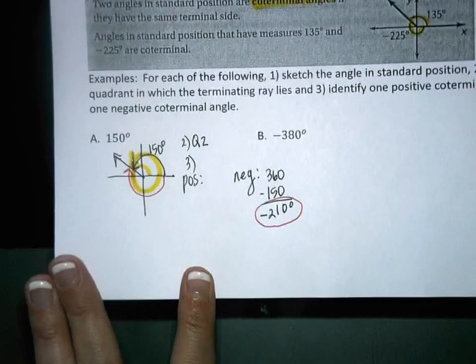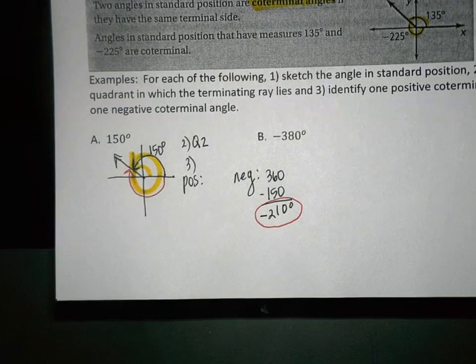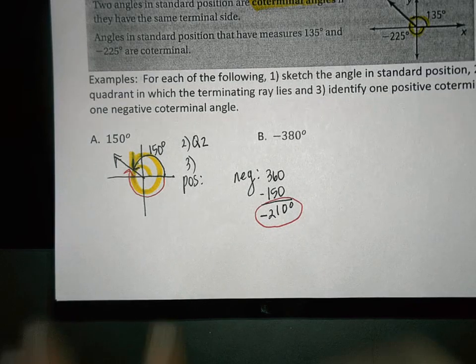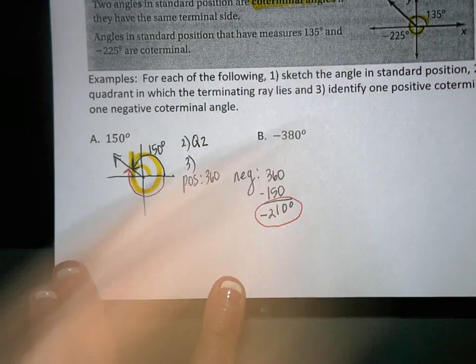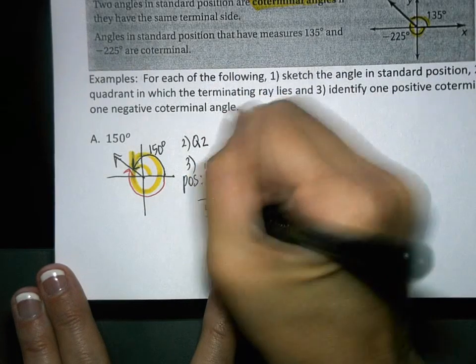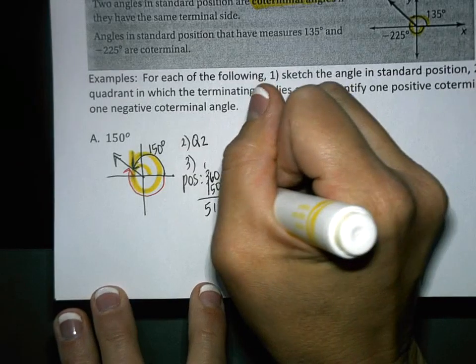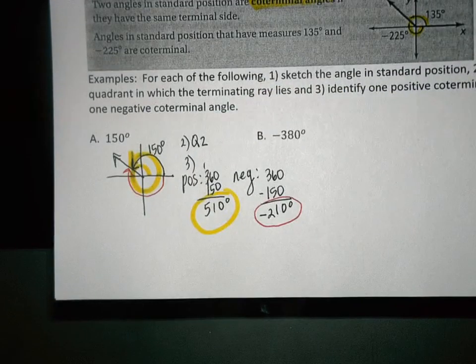So how could I figure out what that is? If I'm doing a whole 360 and then going back to the 150 mark, we would just take 360, because we want a whole 360 degrees plus 150. We add that together, and we get 510 degrees. There is obviously an infinite amount of values that you could end up getting for coterminal angles. Make sense? Do you want to ask me any questions?